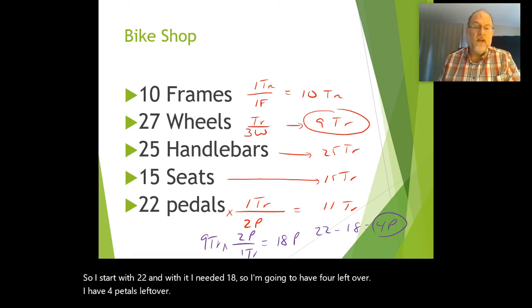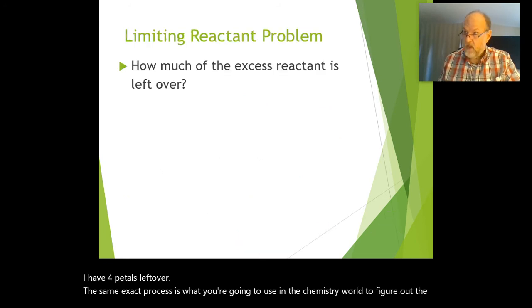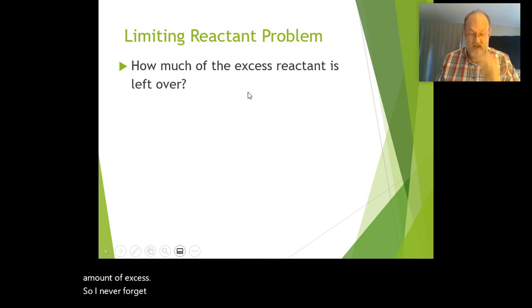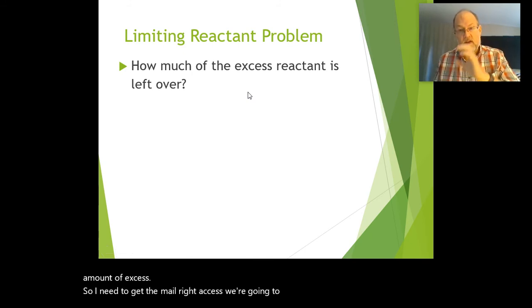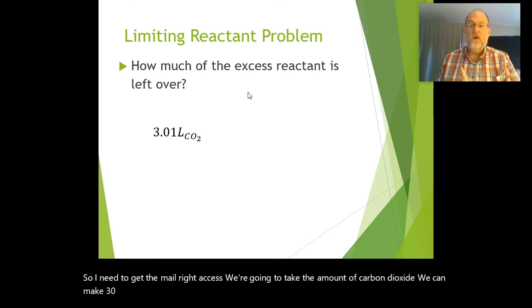That same exact process is what you're going to use in the chemistry world to figure out the amount of excess. So in order to figure out the amount of excess, we're going to take the amount of carbon dioxide we can make, 3.01 liters, and we're going to find out how much of the excess reagent, oxygen, we need.